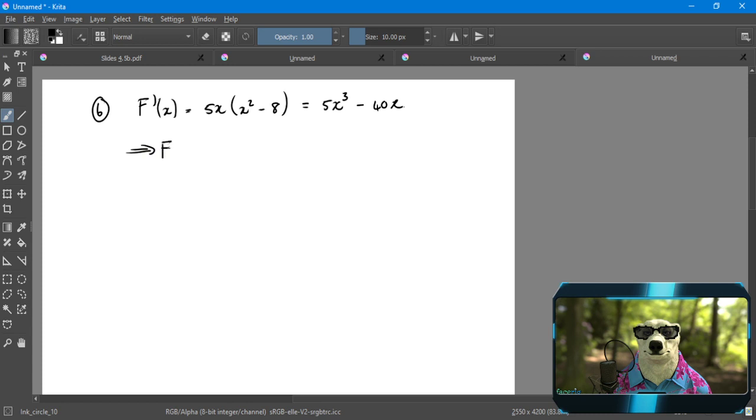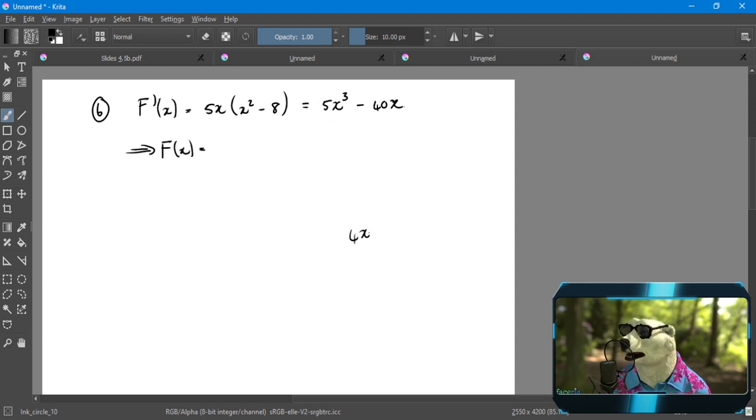So now I can start constructing my original function, my antiderivative, by looking at it one term at a time, saying, okay, 5x cubed. I don't like the 5. It's not working with the x cubed.